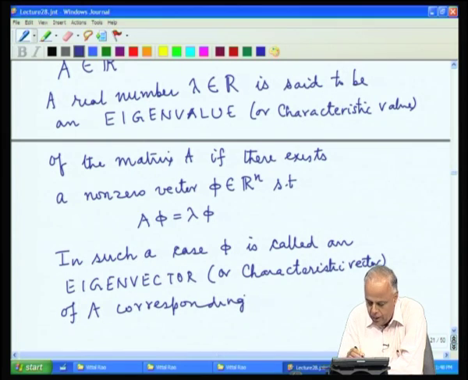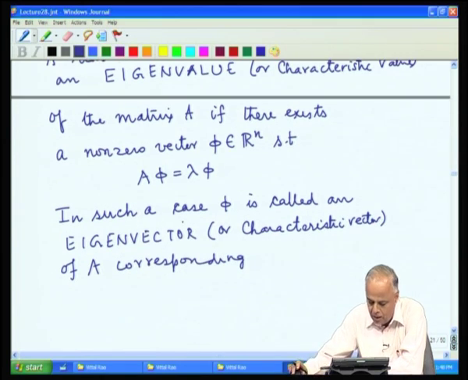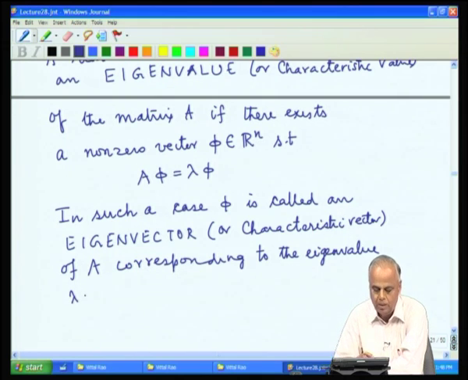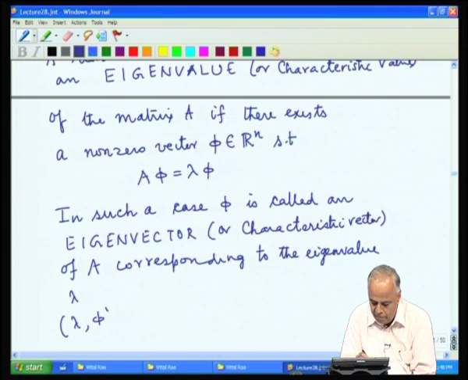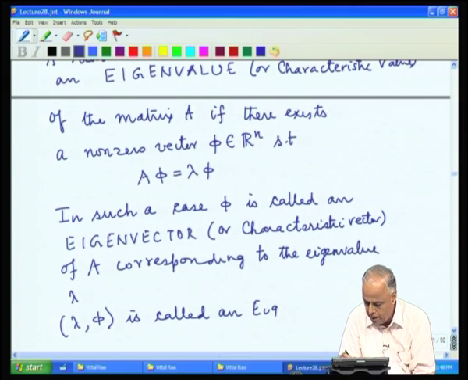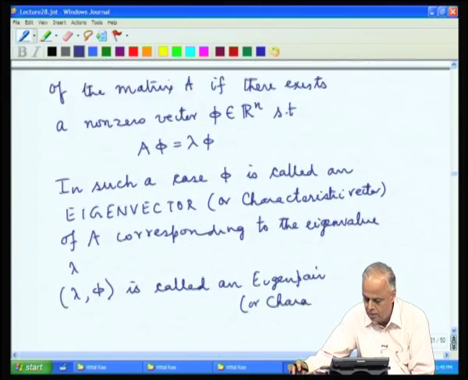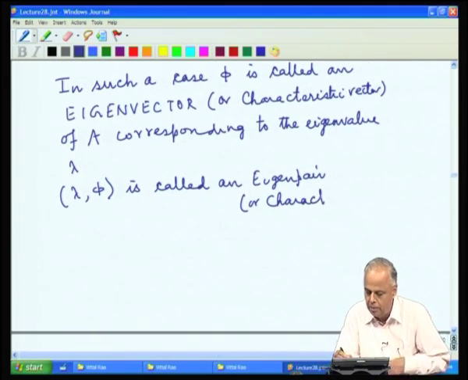It is invariant and the scaling factor is lambda. And this pair lambda, phi is called an eigenpair or a characteristic pair.